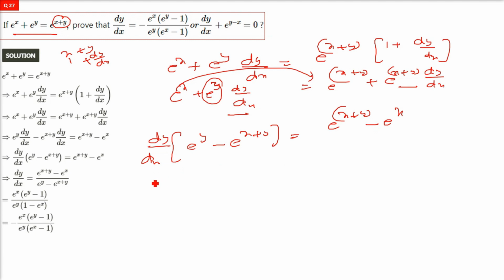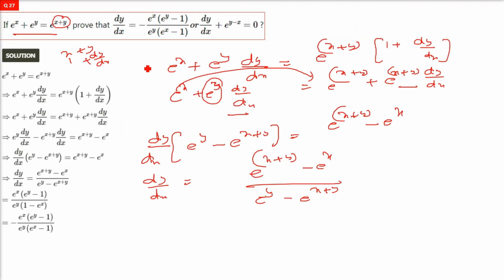So you can just bring it down in the denominator. e to the power (x plus y) minus e to the power x, divided by e to the power y minus e to the power (x plus y). Now this is the answer. But they have asked for a certain solution that I am going to provide. This next solution, I'll leave it for you.